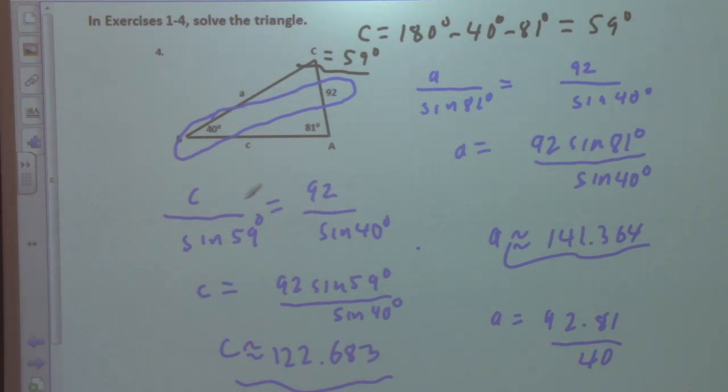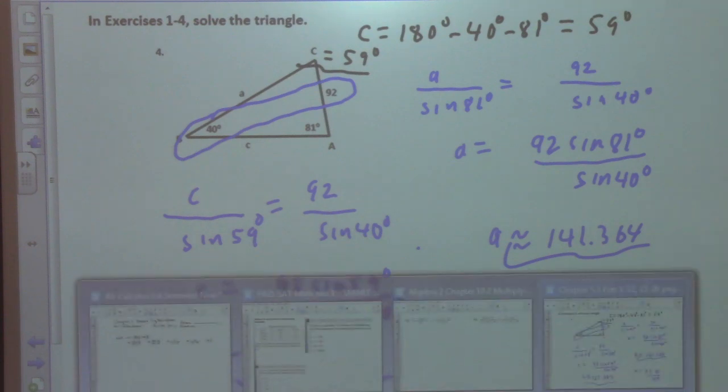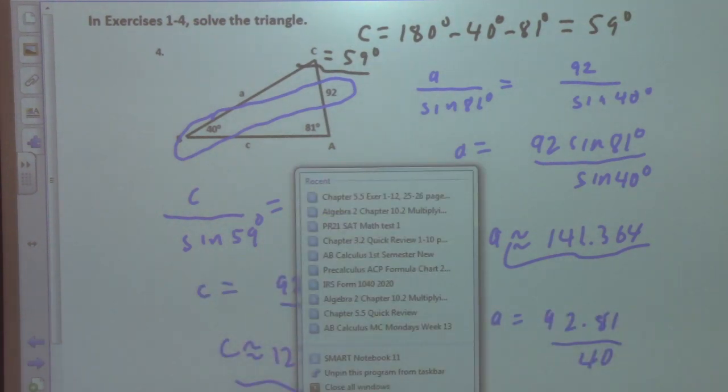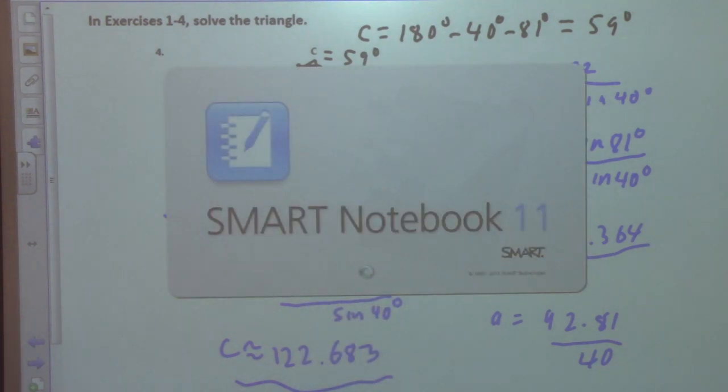And when you have a known side opposite a known angle, do you have your ACP formula charts? I want you to go ahead and recognize where that formula is. I'm going to show you where it is. Here's your formula chart. I want to show you where the law of sines is.